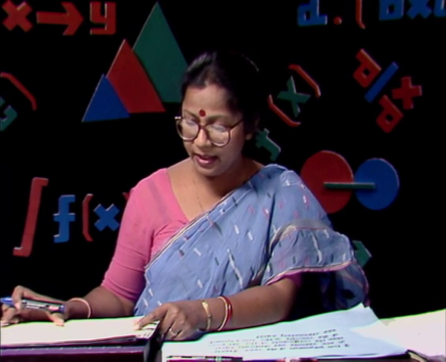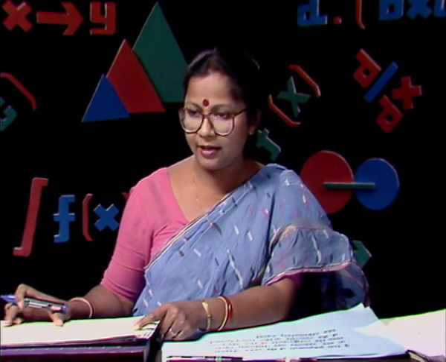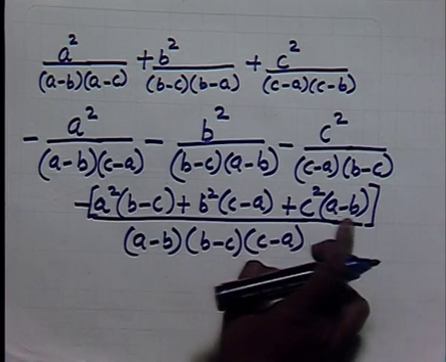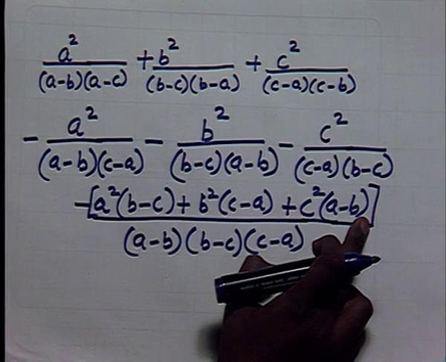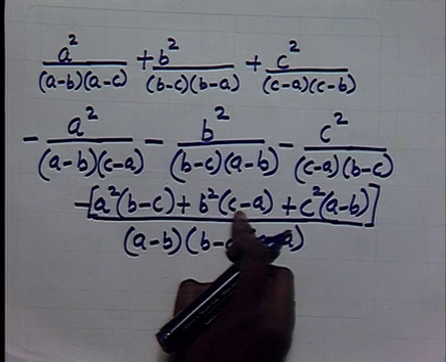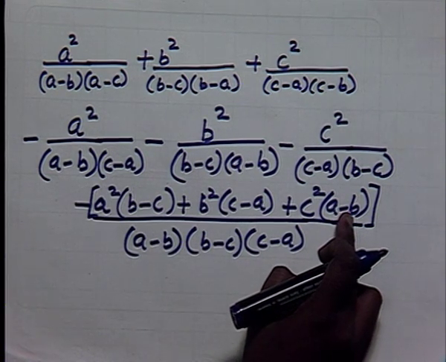But the denominator here is already in factor form. So, let us try to reduce this numerator into factors. Now, as you can very well see that this is an expression in cyclic order. There are many methods to factor such a cyclic expression.